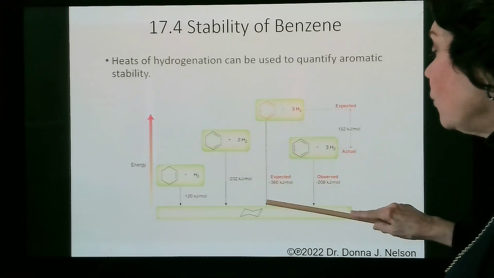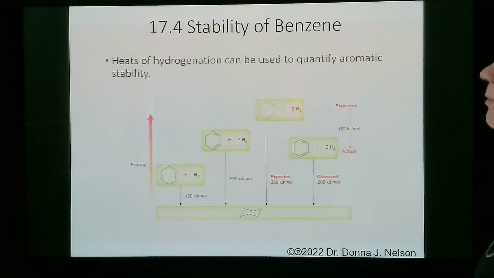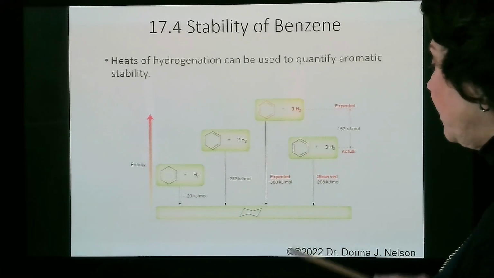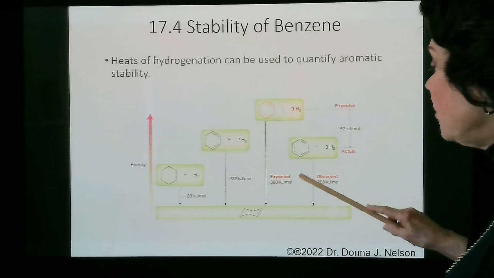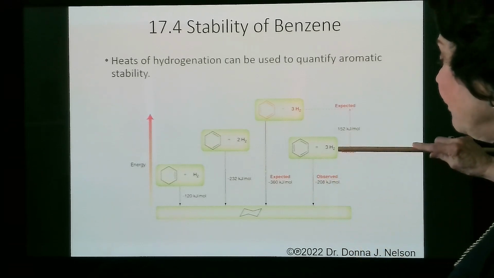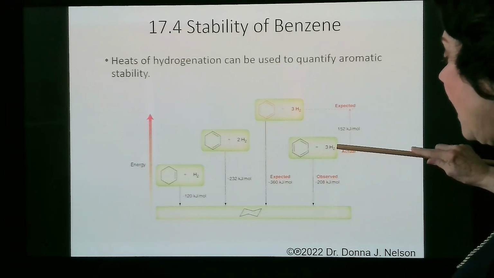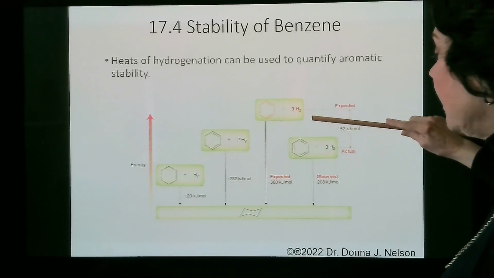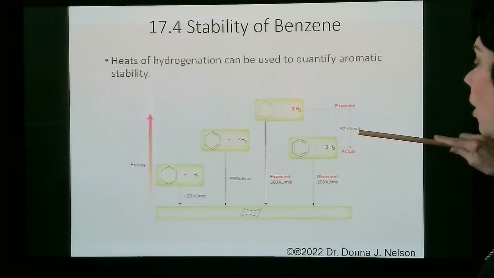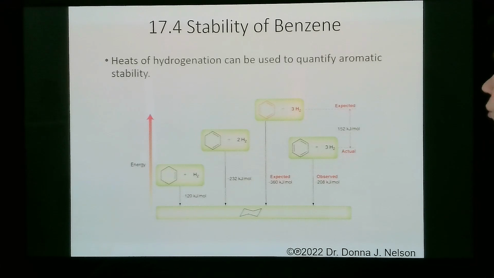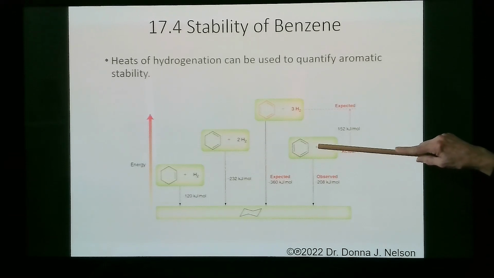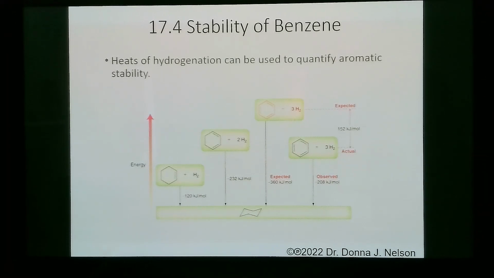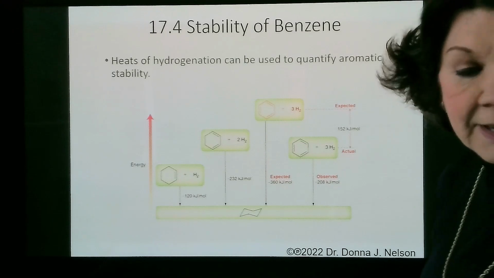And so that is what would be expected from 3 isolated carbon-carbon double bonds. So the aromaticity then is the difference between this 208 and 360. An additional 152 kilojoules per mole of stabilization is what the benzene has due to its aromaticity.